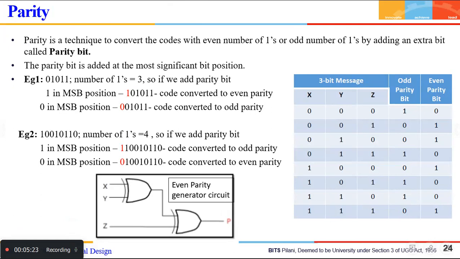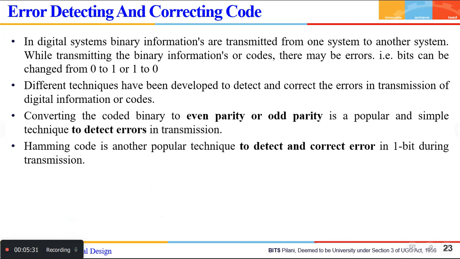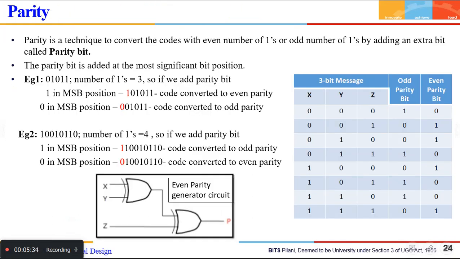Now see here, you can just write X, Y, Z as the message bits. Now what you get here, this is your odd parity, this is your even parity, okay?